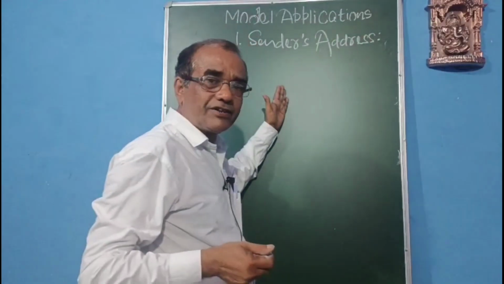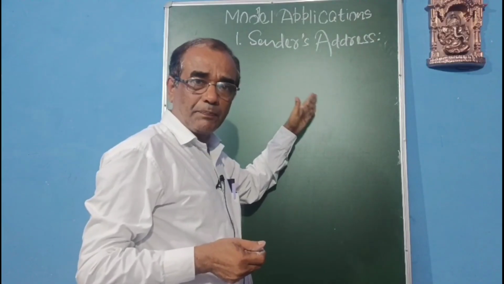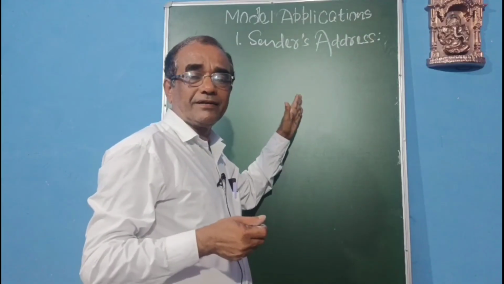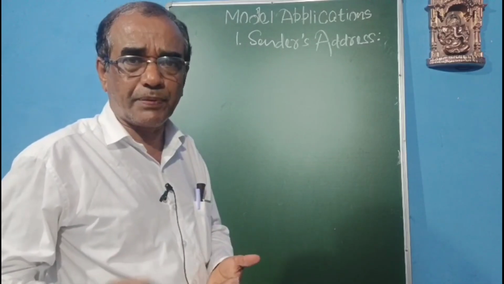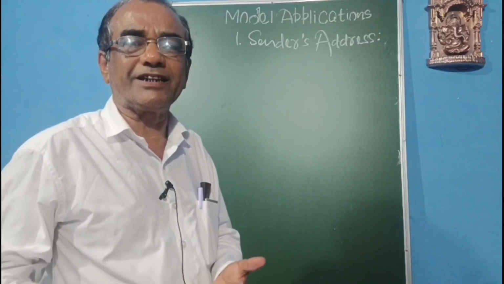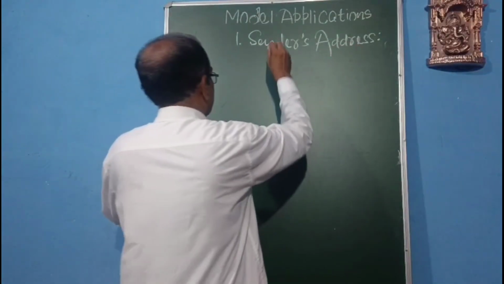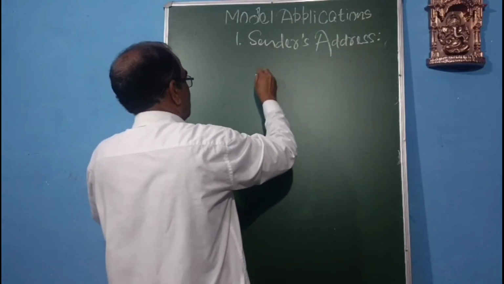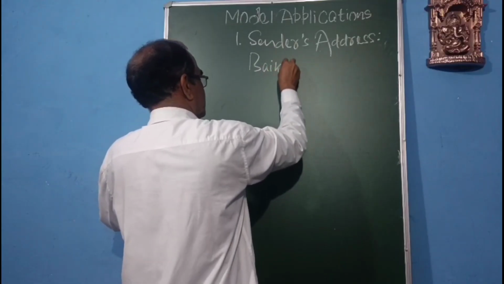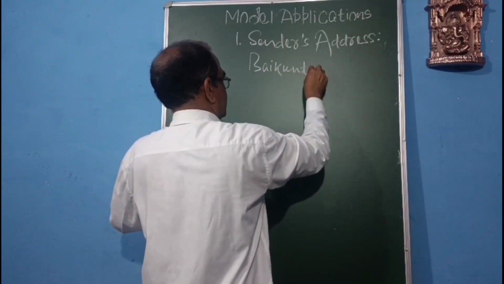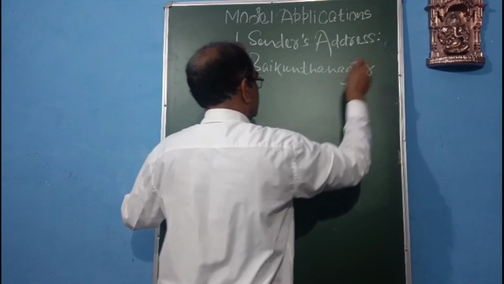You are not to write the name of the sender. You are to write the name of the place where the application is written from. You have to write the name of the place, for example, Vaikuntha Nagar, Boda.